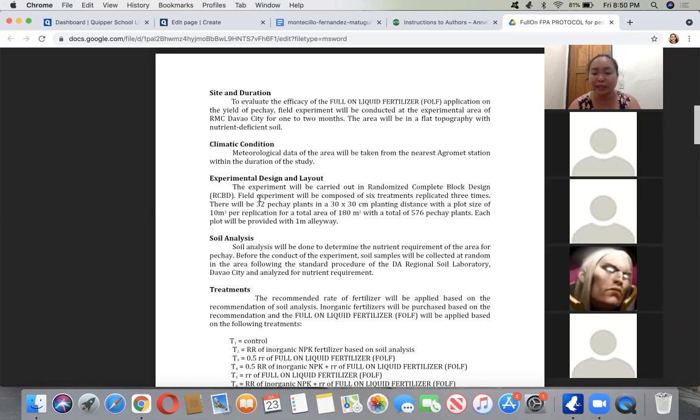But the completely randomized design or CRD is not used for field but for laboratory purpose or nursery lang.